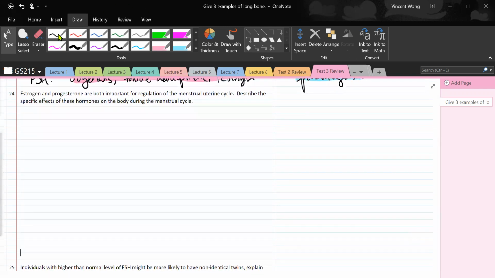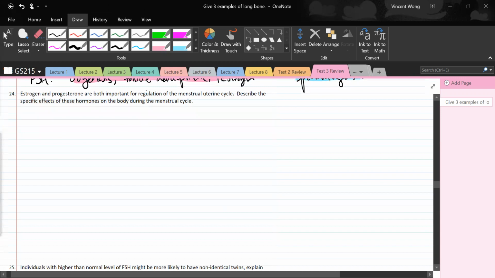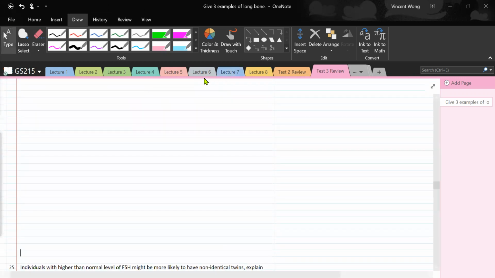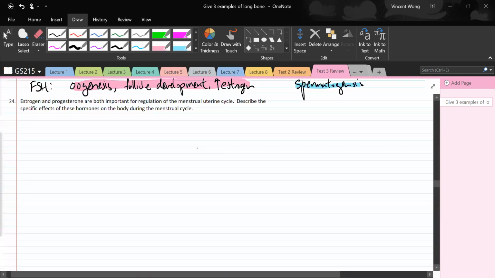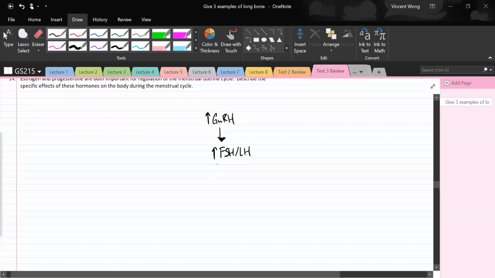Here we can draw a picture to summarize all this stuff. The relationship, right? So at the beginning we have an increase in GnRH. That's the beginning of the cycle, and then that will lead to an increase in FSH and LH. FSH is dominating in the first part of the cycle.